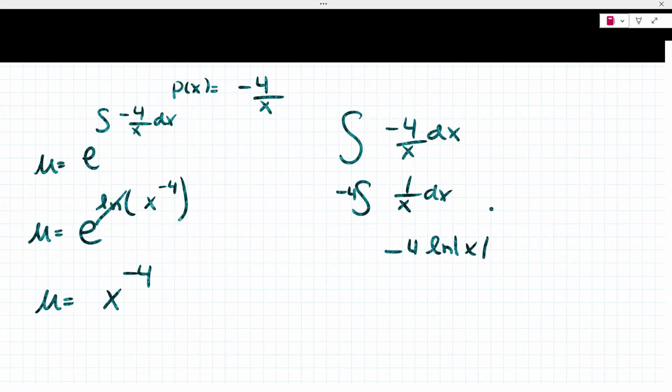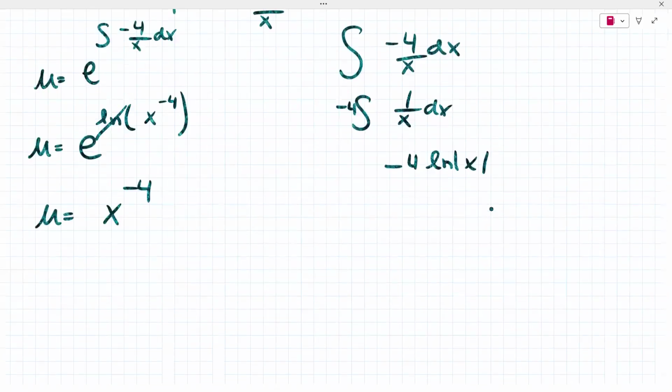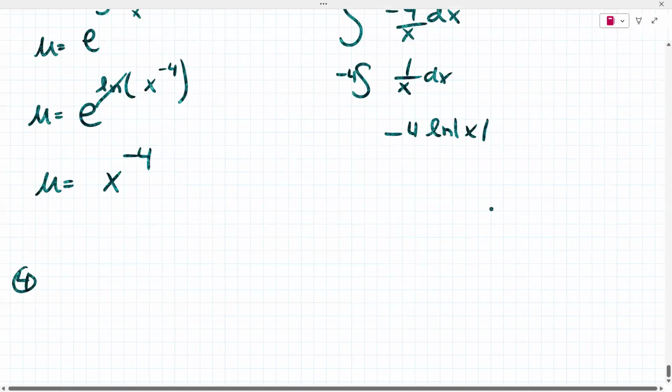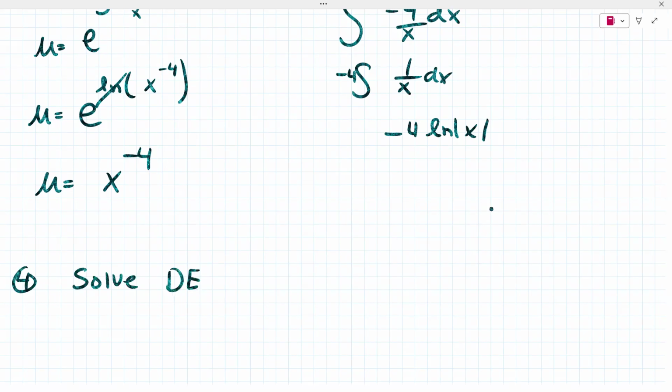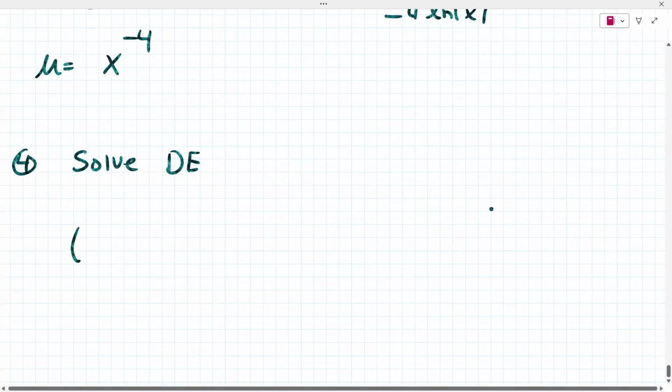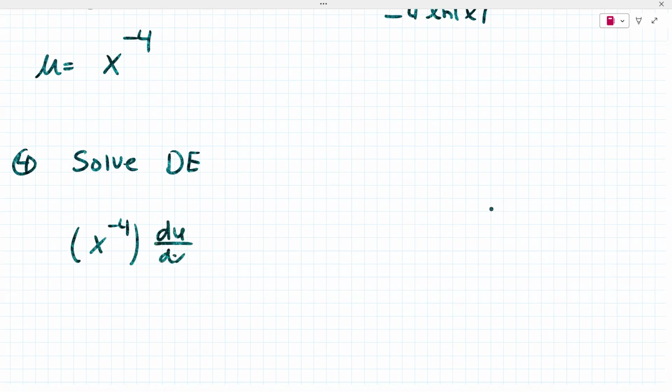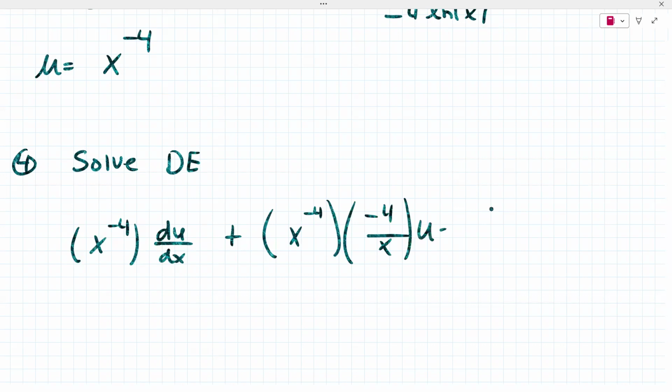Okay, step 4, solve the differential equation. You're going to multiply everything by mu. So it's going to be x to the negative 4 times du dx plus x to the negative 4 times negative 4 over x times u, and this is going to be x to the negative 4 times negative x to the third.